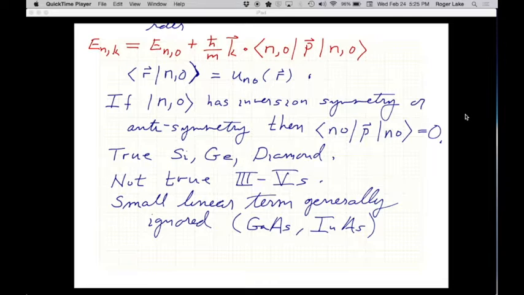So that's the first order correction to the energy, basically. For these type of crystals we've been looking at, these diamond-like lattices or zinc blende, your usual semiconductors, you can ignore it. Now let's look at the first order correction to the Bloch function, the u function.